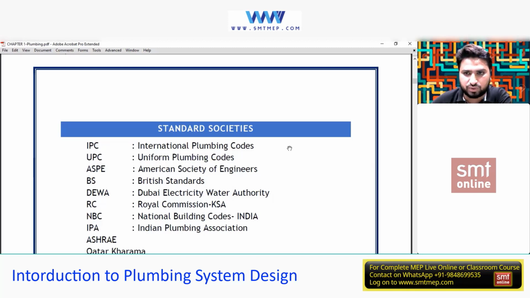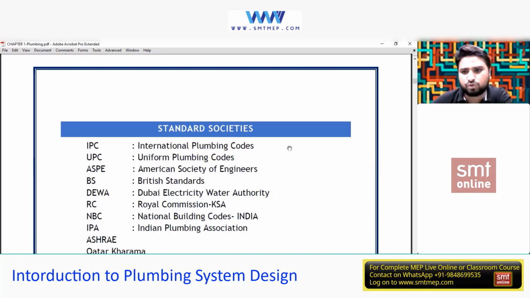For example, in firefighting we use NFPA, the National Fire Protection Association, and in HVAC we use the ASHRAE standard. If I'm dealing in India, then the ISHRAE standard. Likewise, for plumbing we have codes or standards that we use with respect to the region of application.